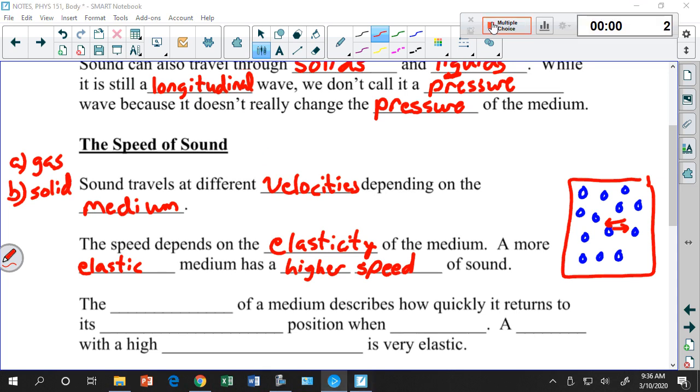Or really I'm asking, which of these materials has the higher elasticity? If I move one of its molecules out of place, it'll have the higher restoring force to put it back into place. Two questions, they have the same answer. Which has the higher speed of sound? Or which is the more elastic material, a gas or a solid? Which has a higher elasticity?